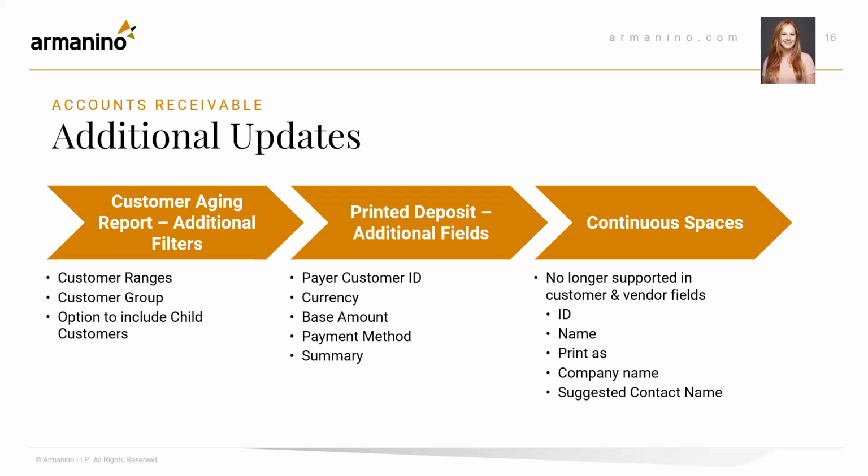You'll only be able to include one space in between words. This is going to affect both customer and vendor fields for the ID, name, and then print as company name and the contact name. This is going to help when you're importing things because sometimes the pesky additional spaces will kick out your import. So it's really going to help in that manner.